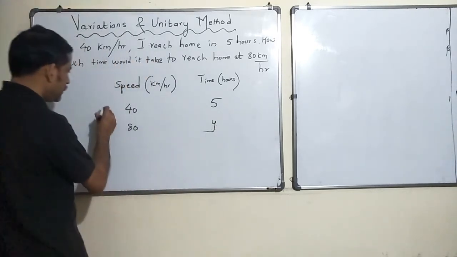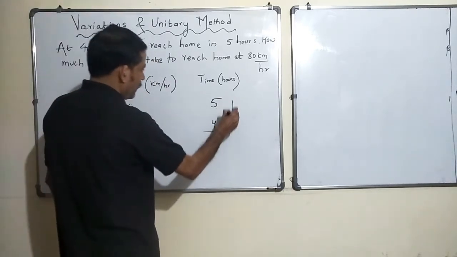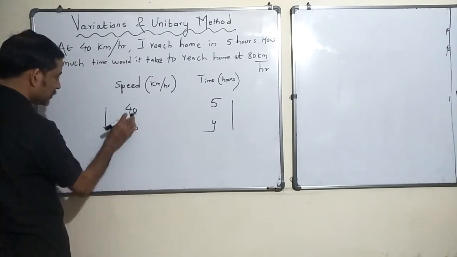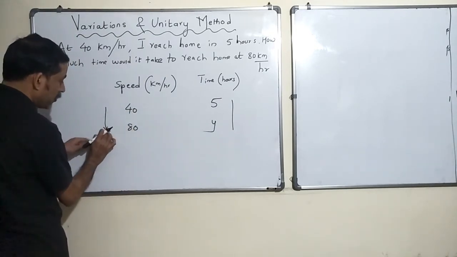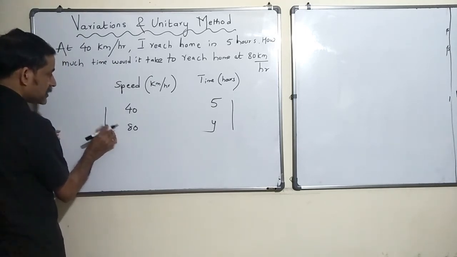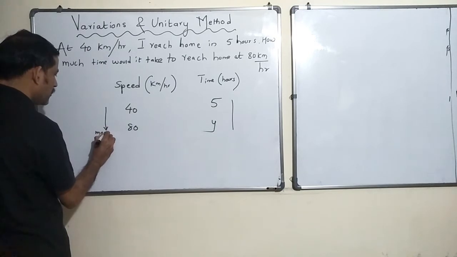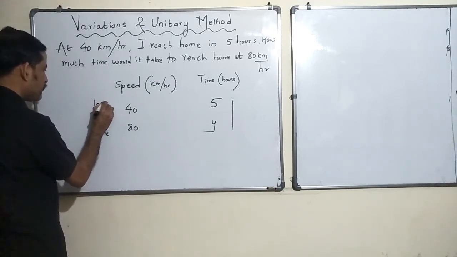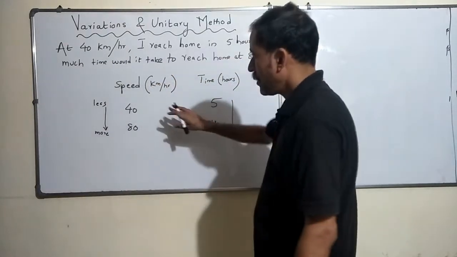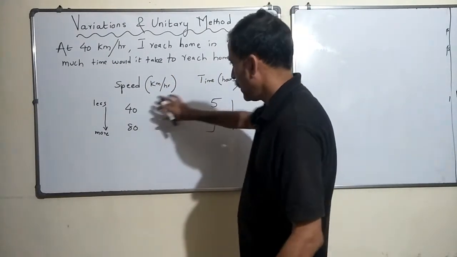Now tell me, where should the arrow point? I know this arrowhead is here, because 80 is more than 40. I point the arrowhead towards the entity which is more. So this is more and this is less. Now what about this? If I drive at 40 kilometer per hour, I reach in 5 hours.